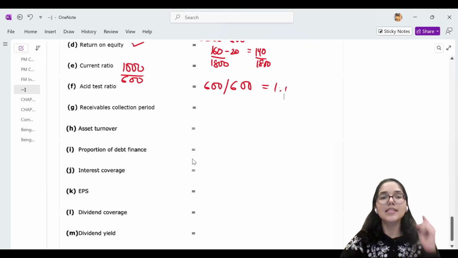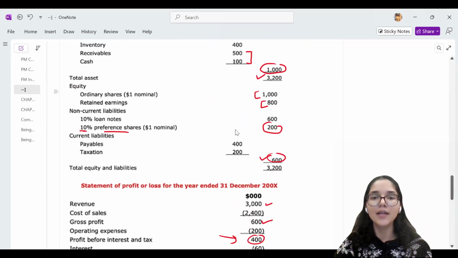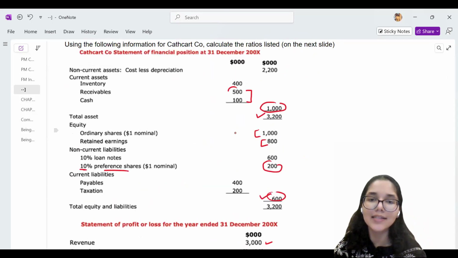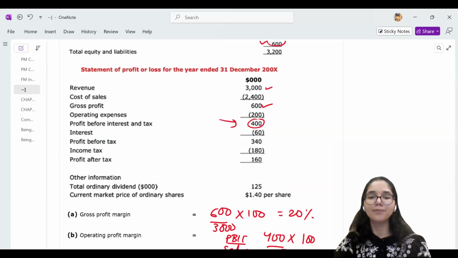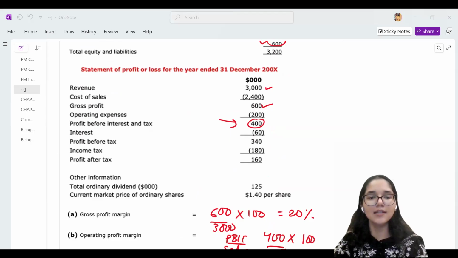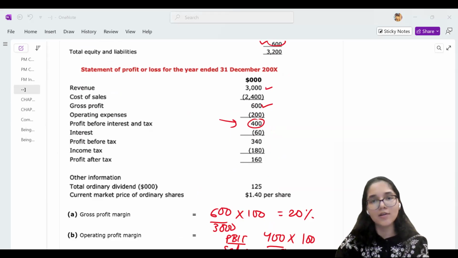Then calculate the receivables collection period. How much will your receivables collection period be? You take the receivables balance and divide that by the credit sales. Receivables balance is 500. You will divide it by 3000. 3000 is the sales. If nothing is mentioned, we will assume every sale is on credit.